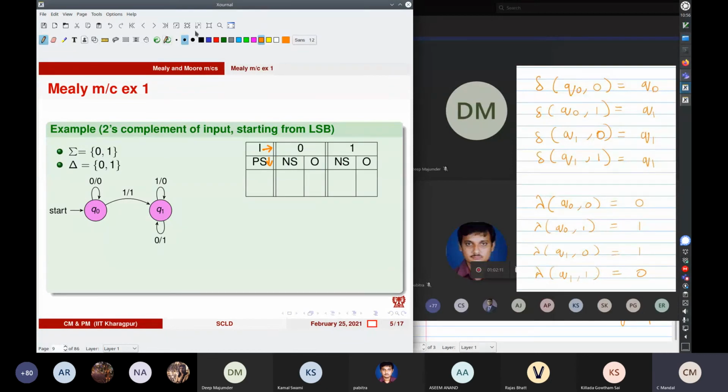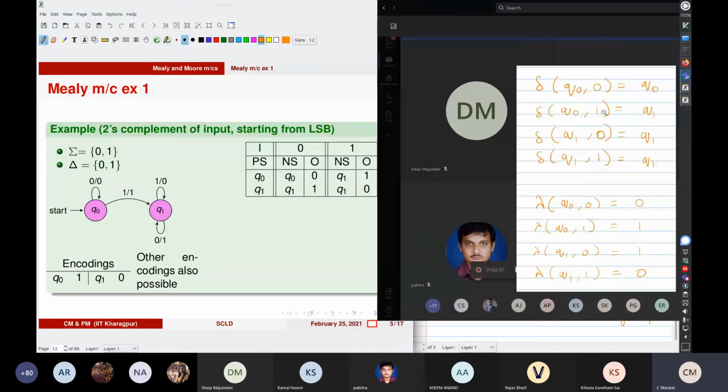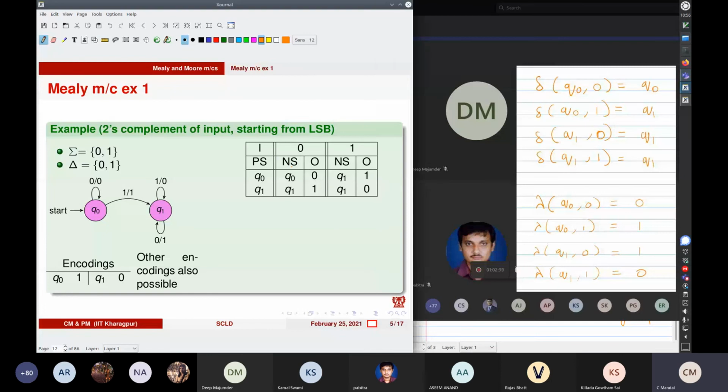So if the present state is Q0, on input 0 it remains in the present state. On input 1 it goes to that other state. Output is 0. So this is the tabular representation of these two functions. This is how it is usually represented.